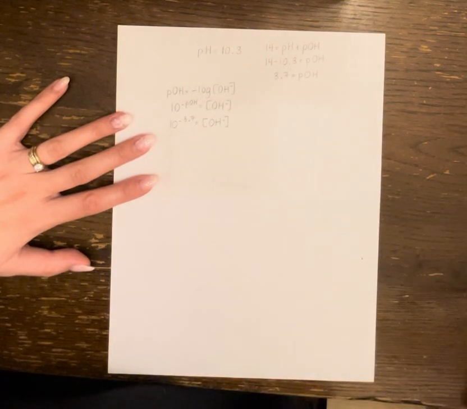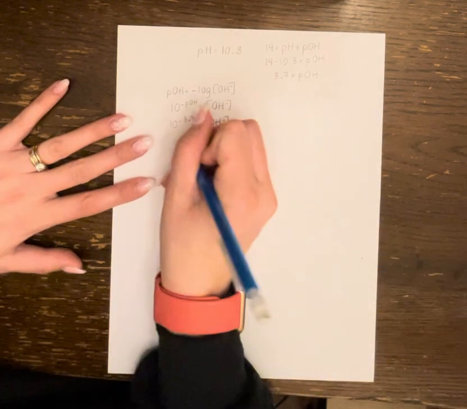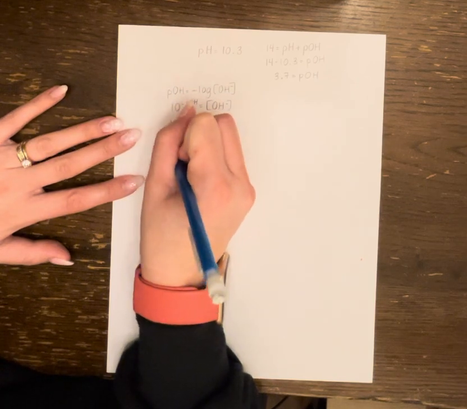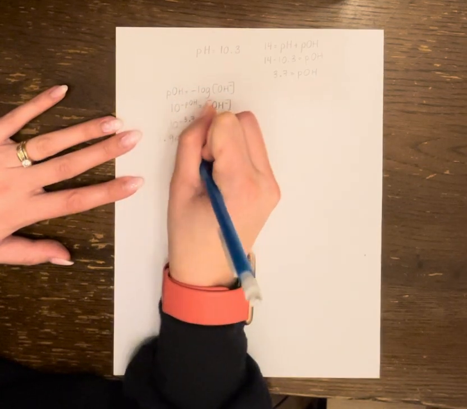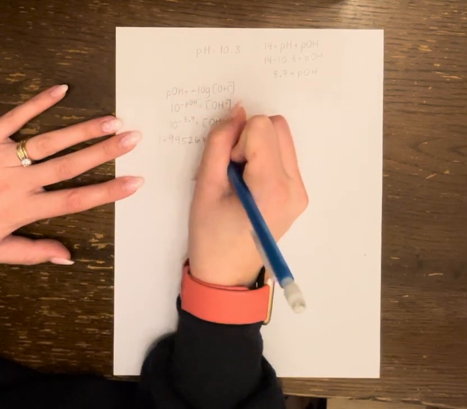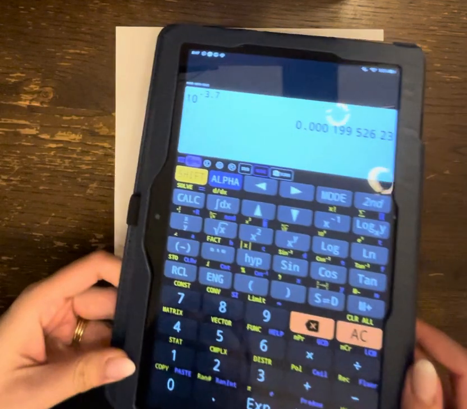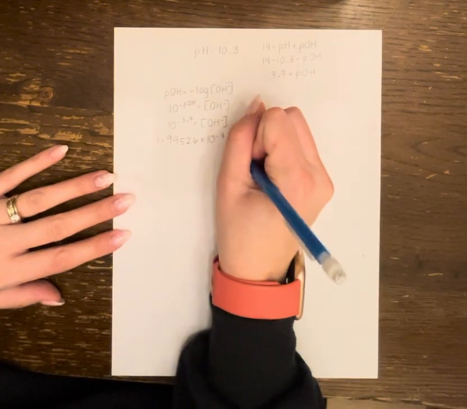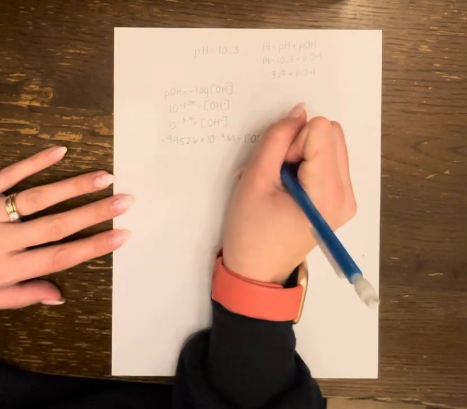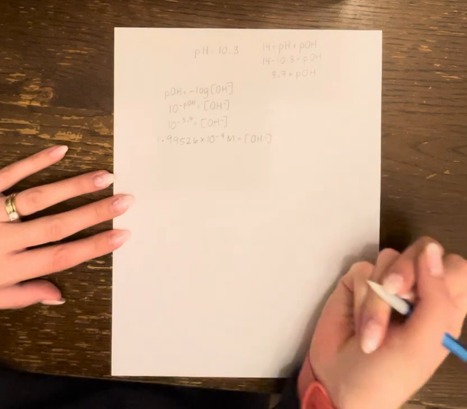Which, once again, is 1.99526 times 10 to the negative 4 molar. Just to prove it to you, same value, equals hydroxide ion concentration.